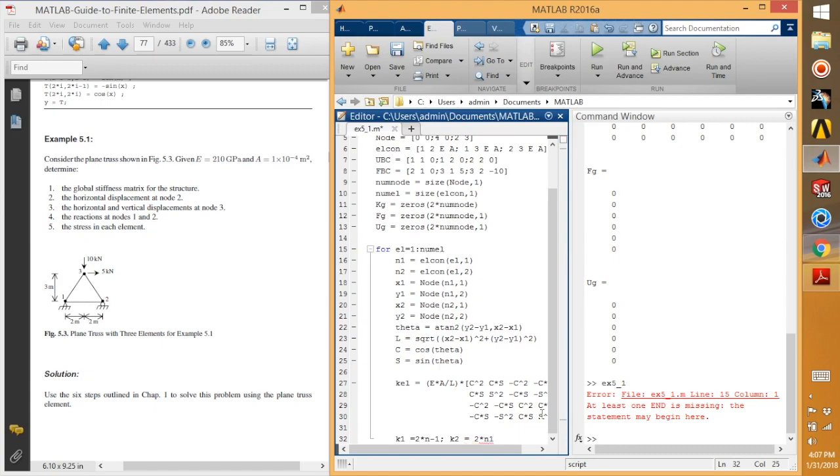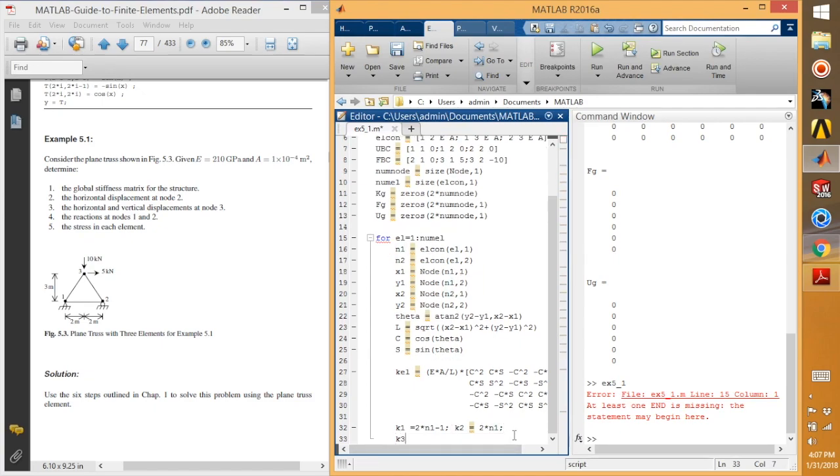Similarly, K3 is 2 times n2 minus 1, then K4 is 2 times n2.